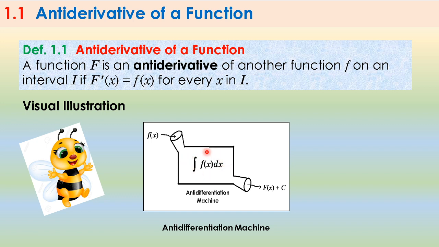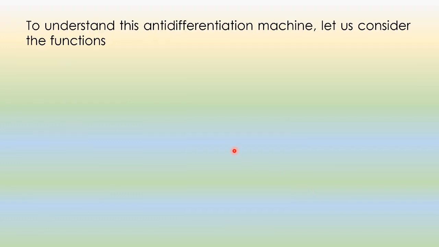The machine processes f of x, and when done, it gives a collection of functions as an output denoted by big F of x plus c. To understand this anti-differentiation machine further, let us consider the following functions.